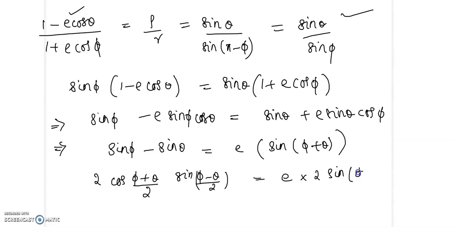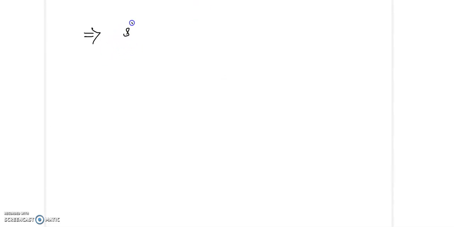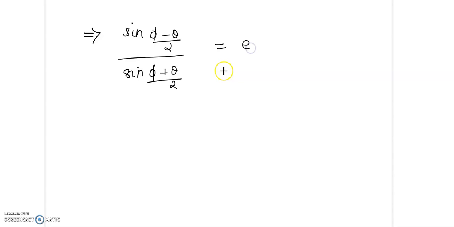So that will give 2 sin of (phi plus theta) by 2 into cos of (phi plus theta) by 2. The 2 and cos of (phi plus theta) by 2 will cancel off. So remaining we will get sin of (phi minus theta) by 2 by sin of (phi plus theta) by 2 equal to e.